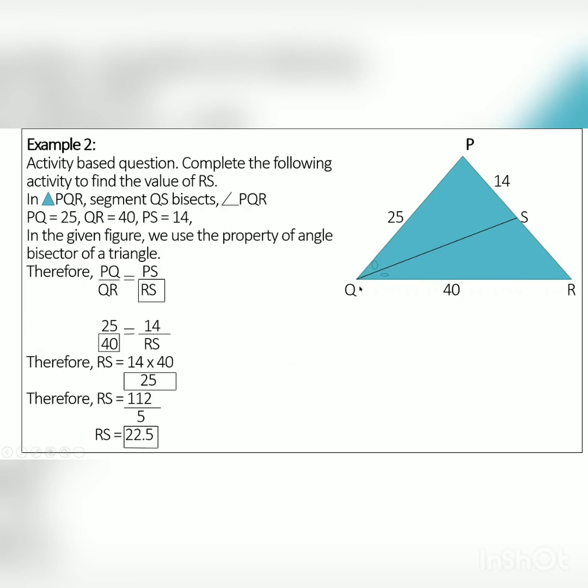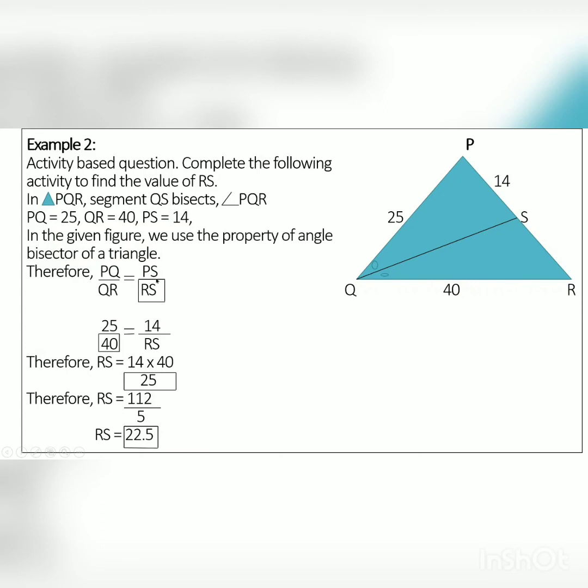Value of QR is 40. Value of PS is equal to 14. Now you have to find out the value of SR. QS is a bisector. So using the property of an angle bisector of a triangle, PQ upon QR is equal to PS upon RS.